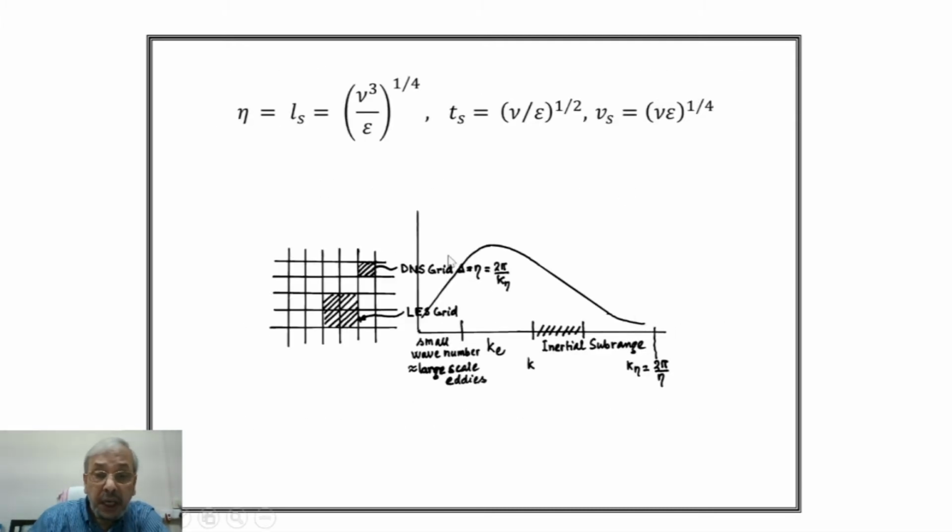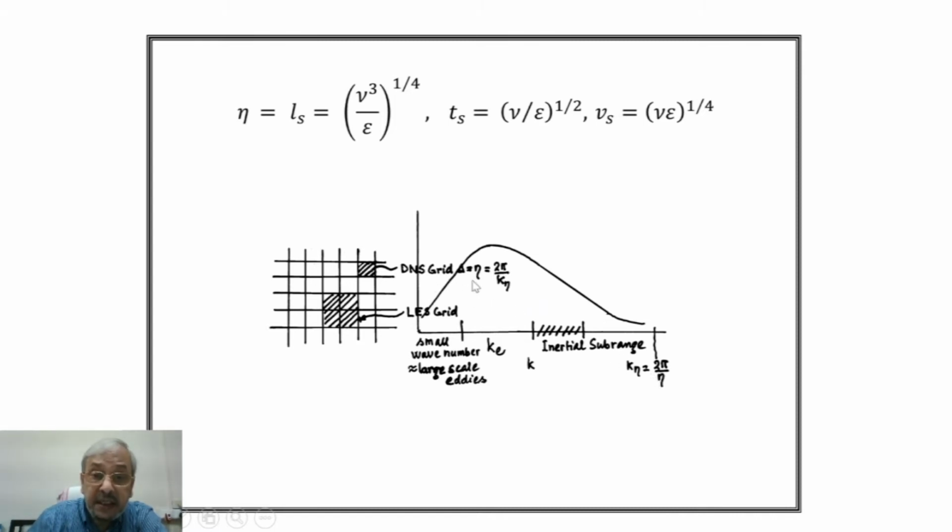So if we want to capture everything, the full spectrum, then we have to have the presence of wave number kη, and that is, as we said, the high wave number, that means small scale eddies, and high wave number means 2π by η, where η is the smallest scale.